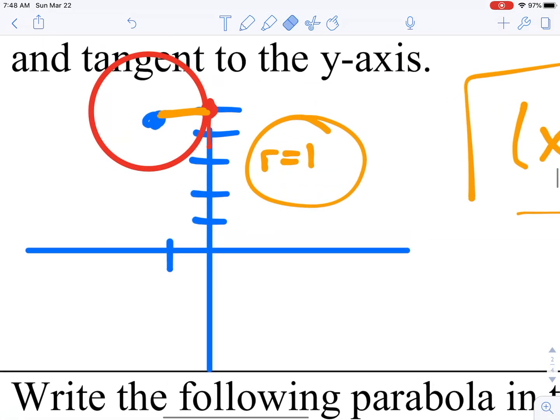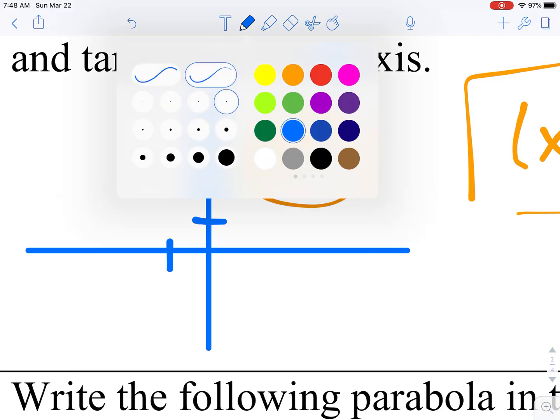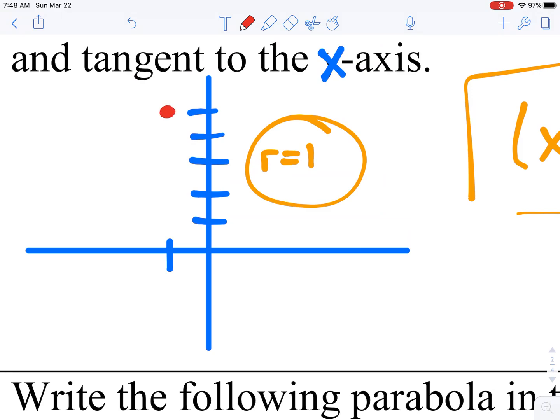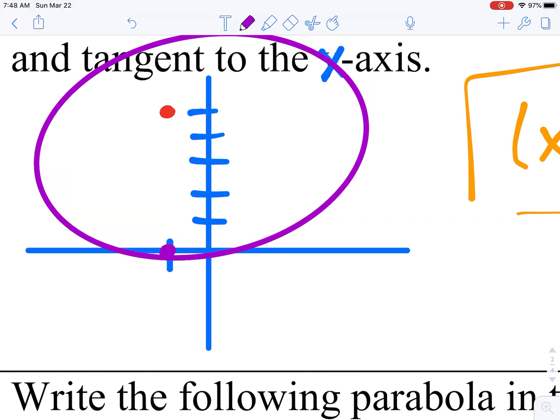Now, let's just say our problem changed. And our problem said, we don't want it tangent to the y-axis, but let's make it tangent to the x-axis. If we had our center here at (-1, 5), and we want to be tangent to the x-axis, what would our new radius be if we were to make a circle?